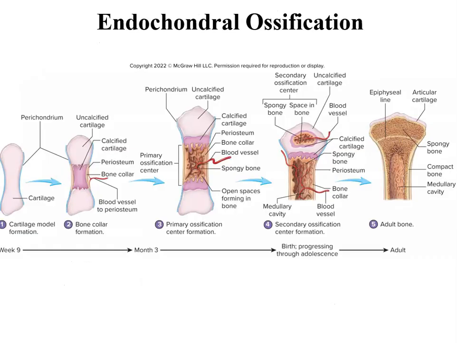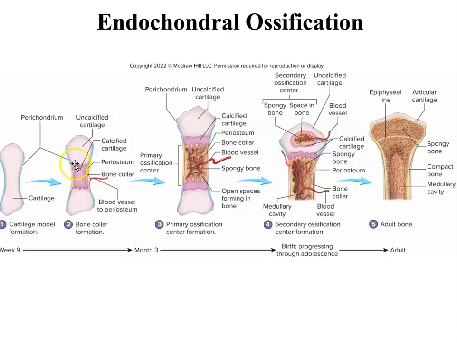This diagram from your book shows you these steps. So we see the initial formation of that cartilage model by chondroblasts, which then turn into chondrocytes. Then the model calcifies, starting here in the diaphysis.